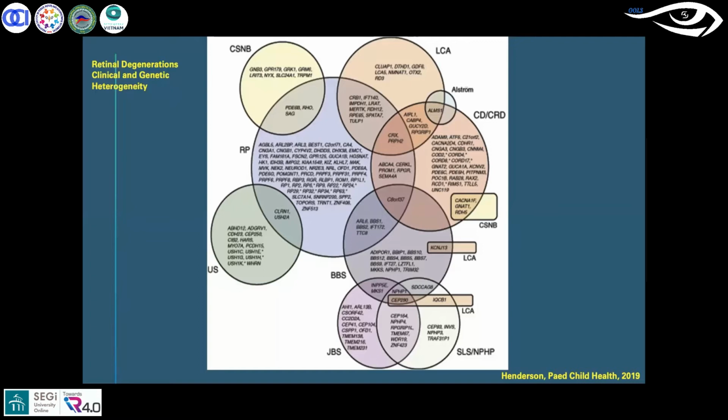So heterogeneity means something that is very dissimilar, and this is a very, very common term we use in genetics. Clinical heterogeneity means that there can be several presentations of the retina, which will look like retinitis pigmentosa, cone rod dystrophy, or rod cone dystrophy.